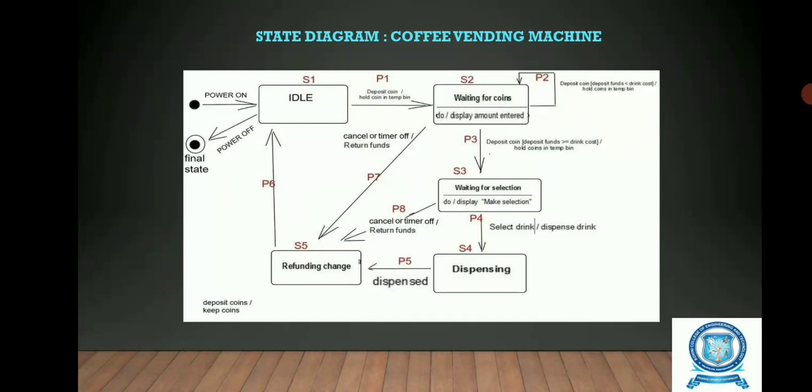The first is the idle state, the second is waiting for coins and displaying the amount entered, then waiting for selection of which drink we are going to have. The next state is dispensing, and the final state is refunding change. If we have any change, we give it back to the customer. So those are the states.